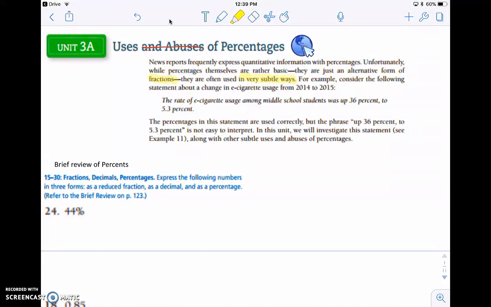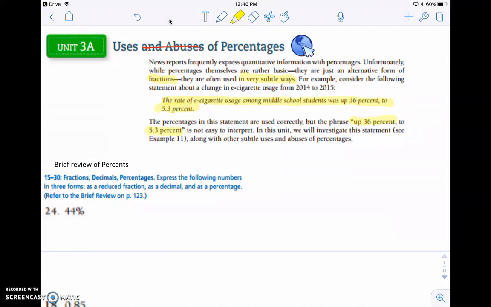This one right here says the rate of e-cigarette usage among middle school students was up 36% to 5.3%. That statement right there, all the percentages are used correctly, but when you say up 36% to 5.3%, it's not totally easy to understand those kinds of things.